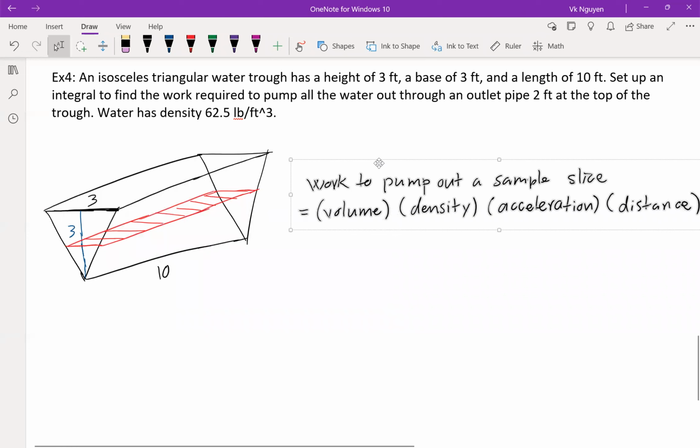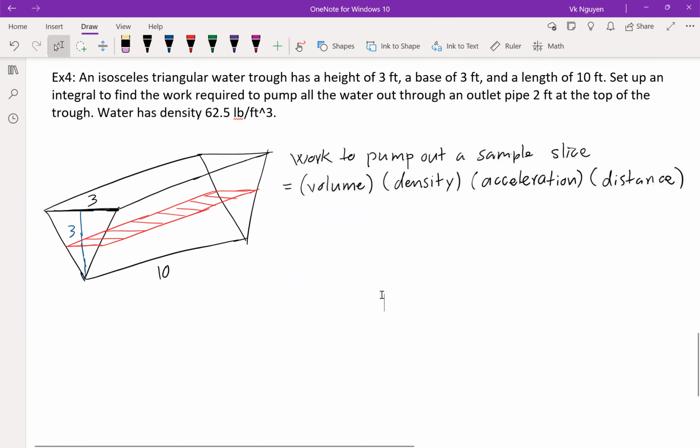Use the same formula: work to pump out a sample slice is volume times density times acceleration times distance.